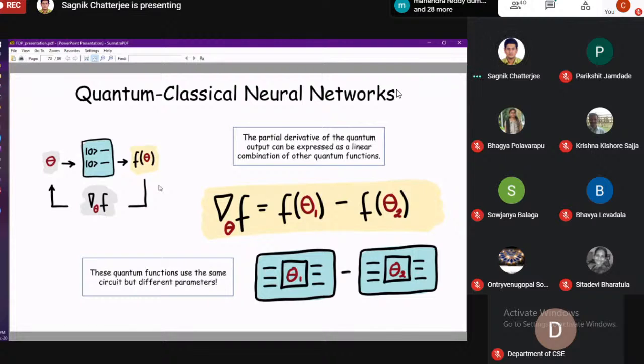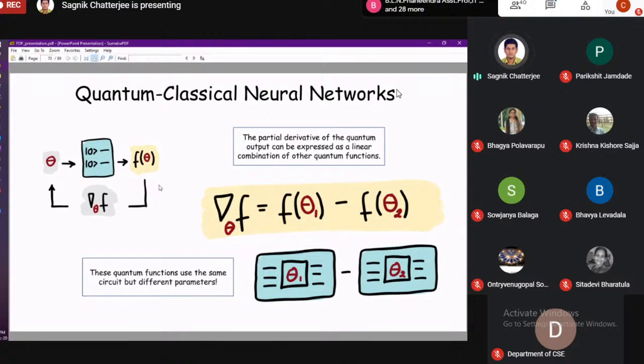Say theta 1 equals theta plus pi by 3 and theta 2 equals theta minus pi by 3, something like that. So you have your original input parameter and you perturb it by certain angles to get different parameters.